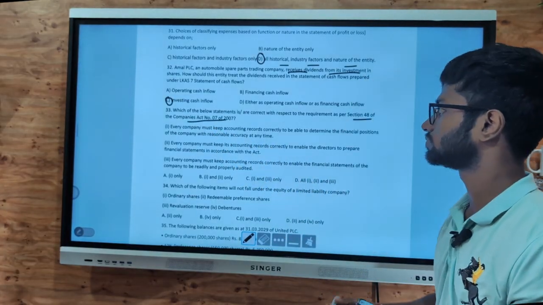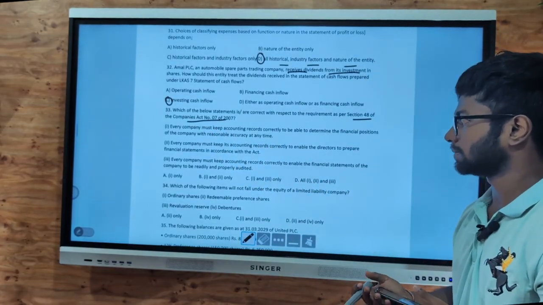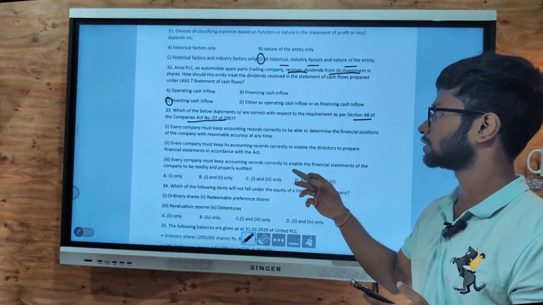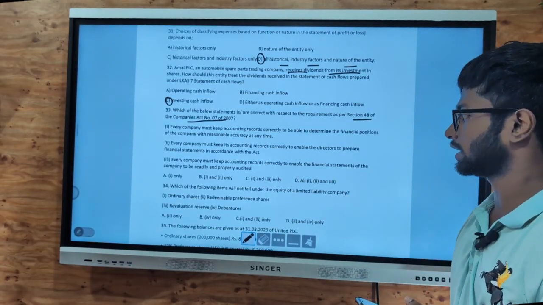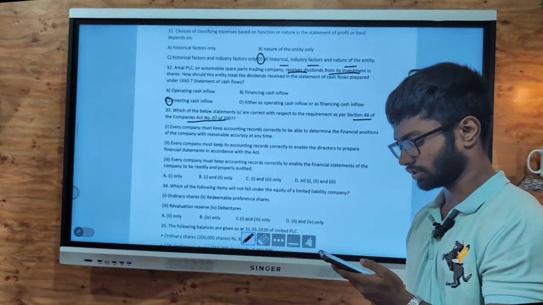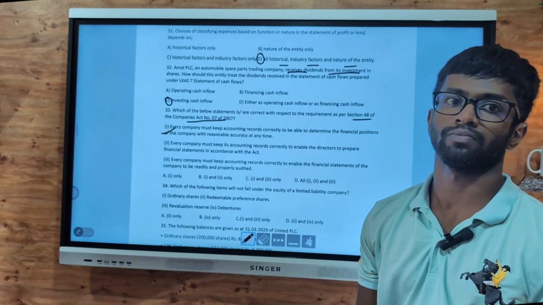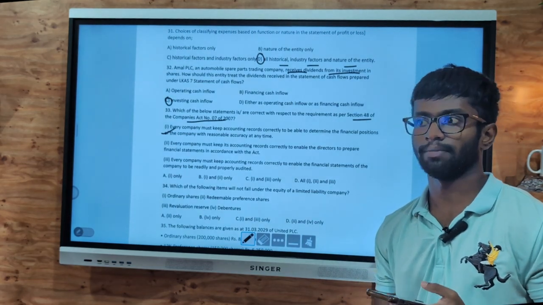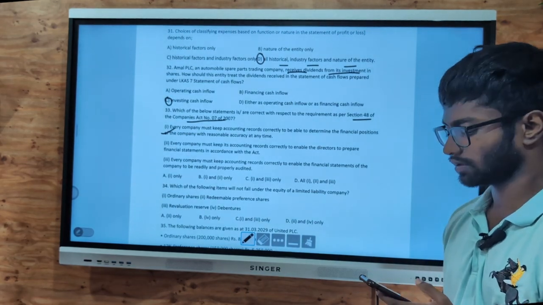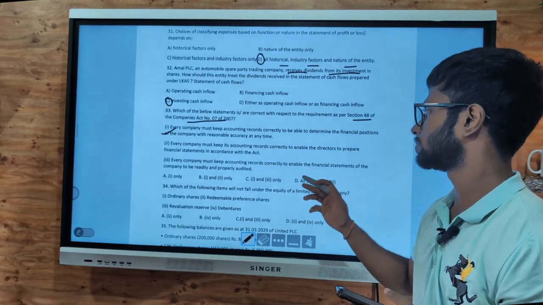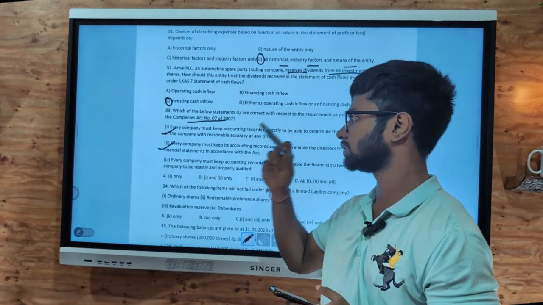Every company must keep accounting records correctly to be able to determine the financial position of the company with reasonable accuracy at any time. So that is true, no? You have to maintain all accounts of your assets, liabilities, and equity. Every company must keep accounting records correctly to enable directors to prepare financial statements in accordance with the Act.